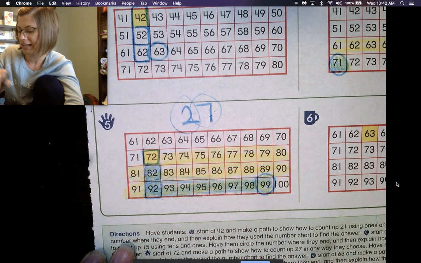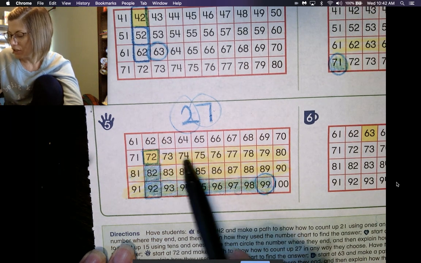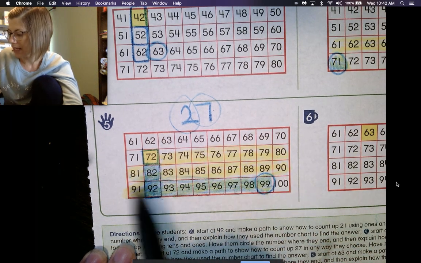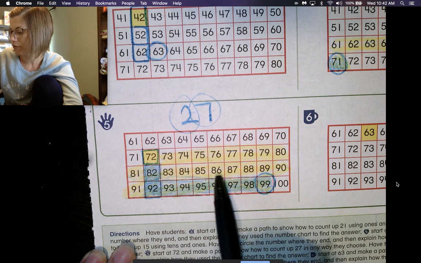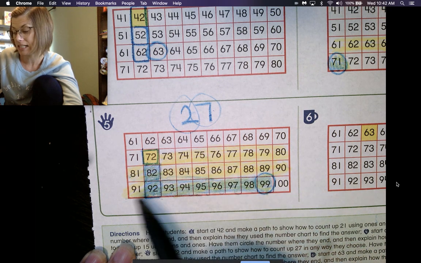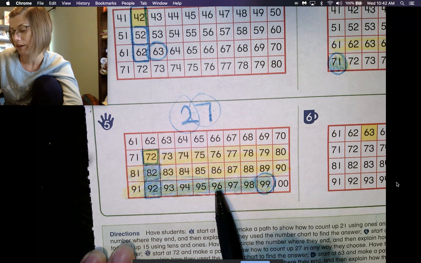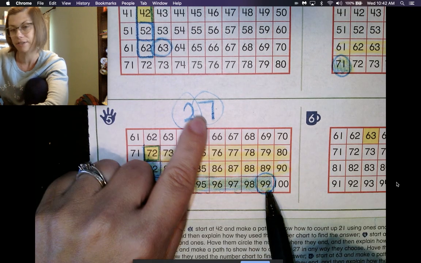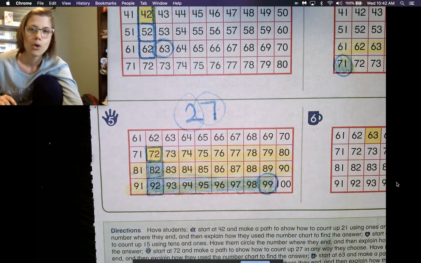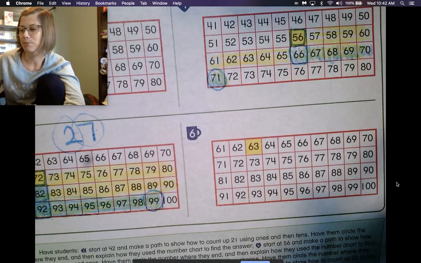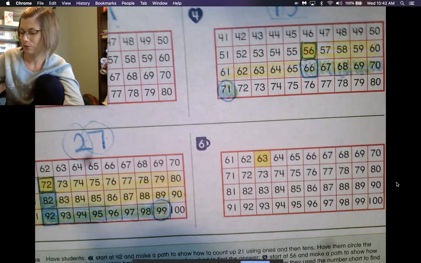Otherwise, we would have had to count 1, 2, 3, 4, 5, 6, 7, 8, 9, 10, 11, 12, 13, 14, 15, 16, 17, 18, 19, 20, 21, 22, 23, 24, 25, 26, 27. We can count by tens. It goes much faster. Watch this.